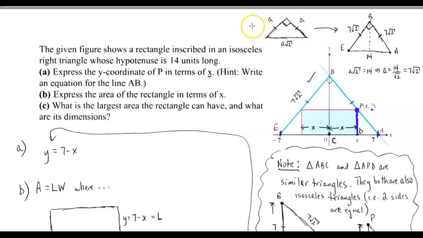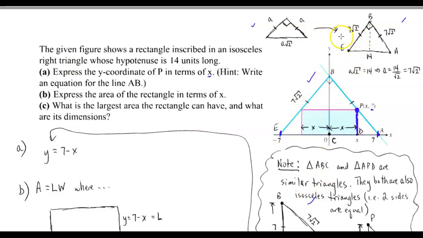So what I'm showing you up here are the two triangles that are similar to one another that I'm going to use, okay? Well, actually, this is just one, but I'm going to show you the other one down here.